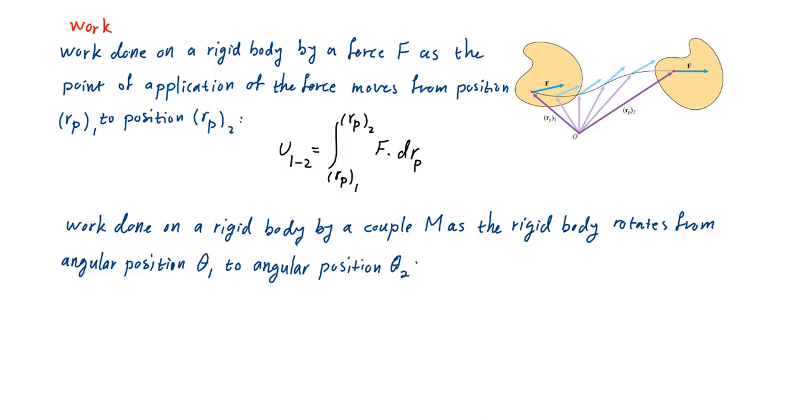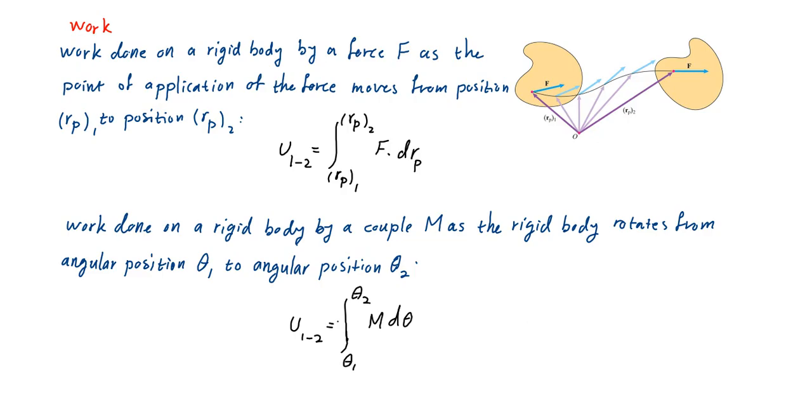In this case, we get the work done on the rigid body going from point 1 to point 2, the equivalent of what we had for a force, in rotation. So going from theta 1 to theta 2, M d theta. That'll give us the work done on a rigid body because of the couple applied to it.